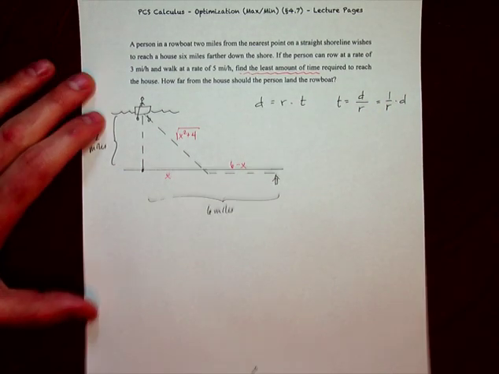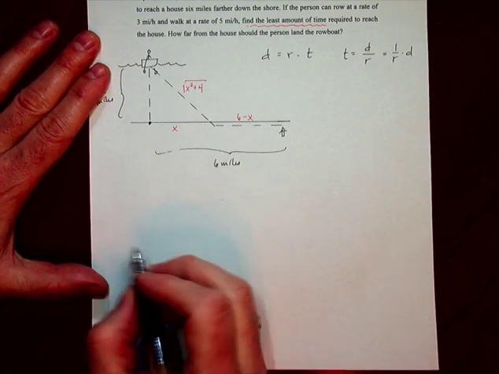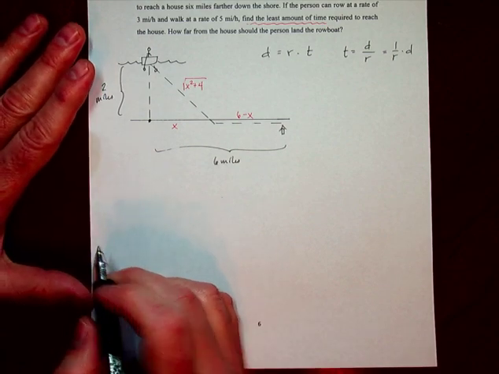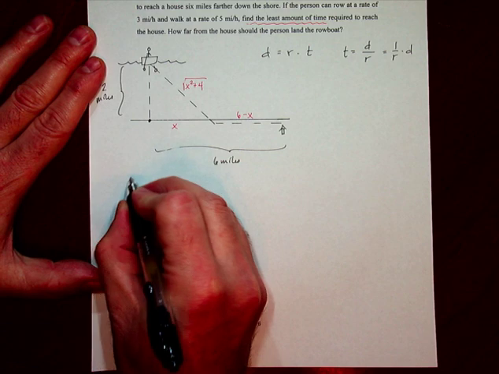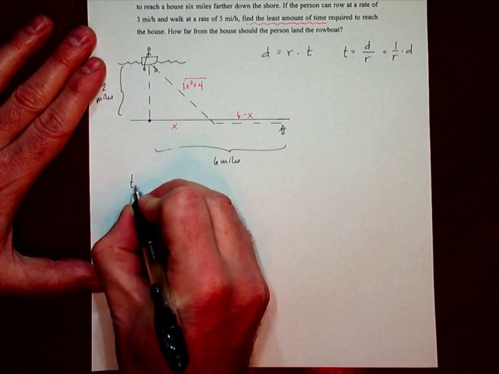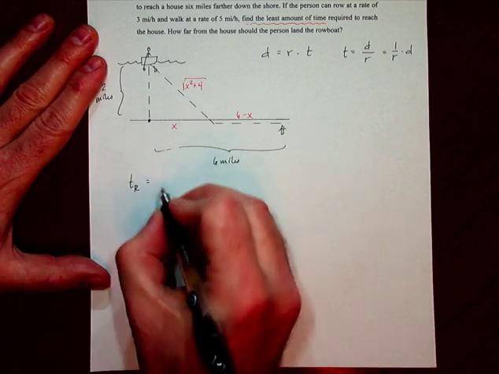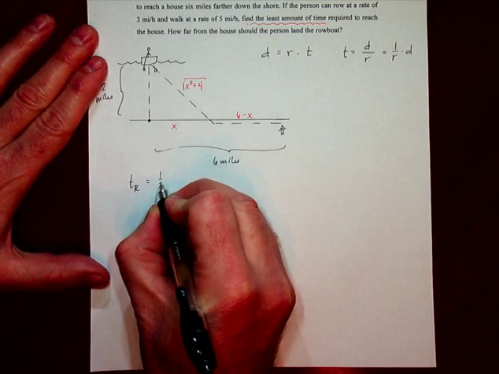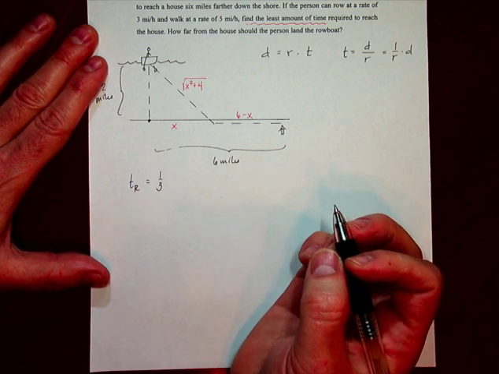Alrighty. Well, we know that this square root right here is basically the distance he spends rowing, the distance rowed. So basically the time spent rowing, and we'll just do T sub R for time spent rowing, is going to be that distance divided by 3, because that's the rate at which he rows, right?